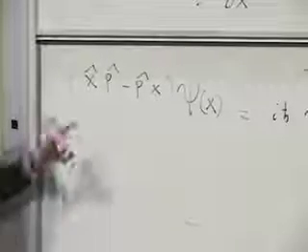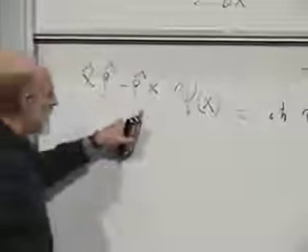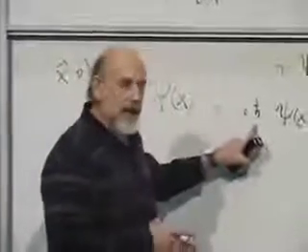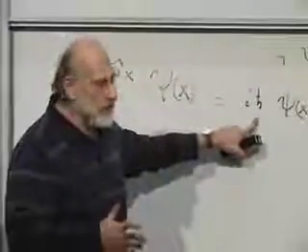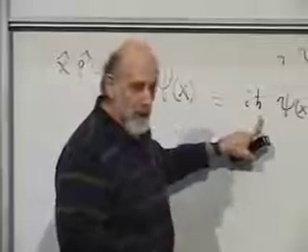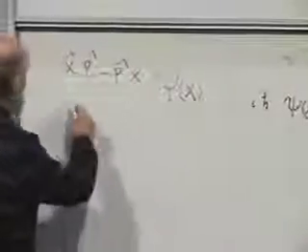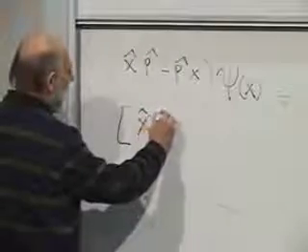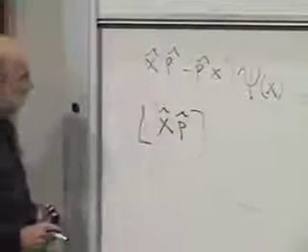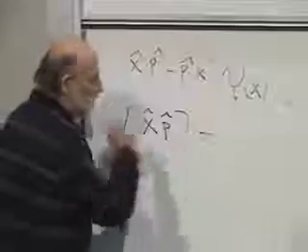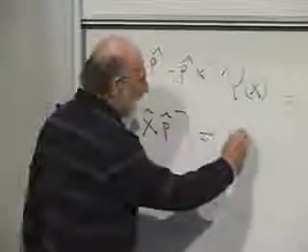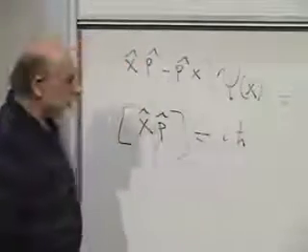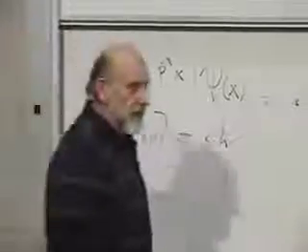In other words, this thing does exactly the same thing as multiplication by a simple complex number i h bar. One writes this by saying that the commutator of x and p, xp minus px, is equal to multiplication by the number i h bar. xp minus px is i h bar.